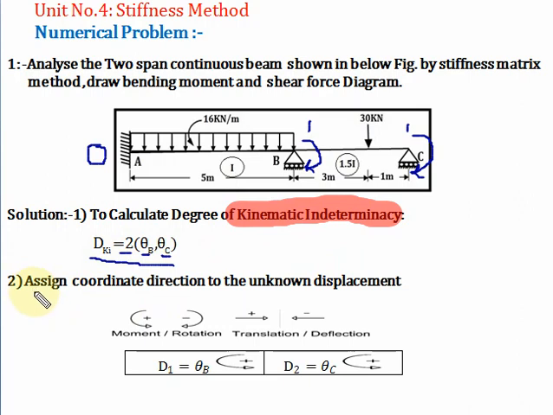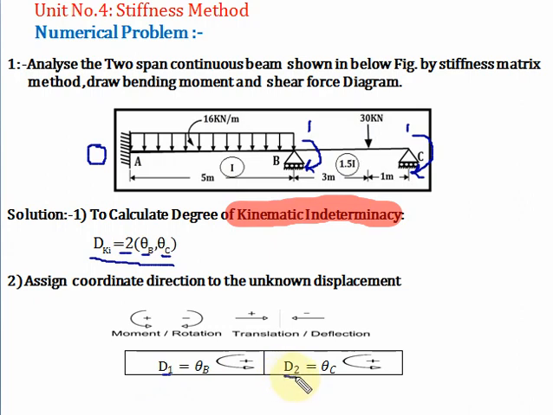Now the second step is to assign the coordinate direction to the unknown displacements. Here the unknowns are theta B and theta C. For that we have to assign the coordinates. Rotation at support B we call D1, the first unknown, and rotation at C we call D2, the second unknown.